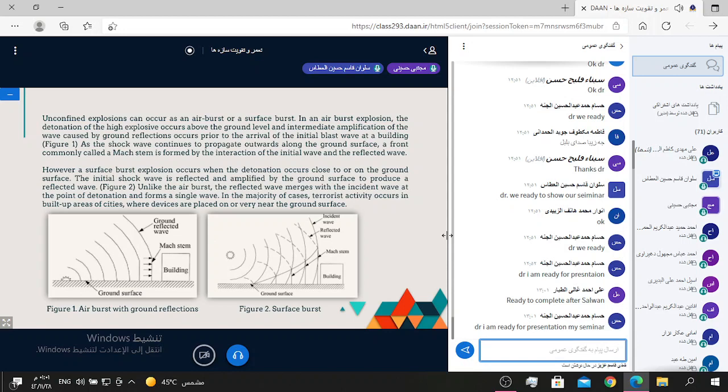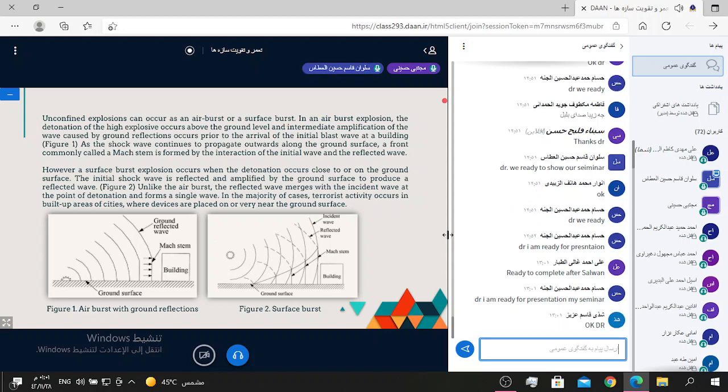I'll show figure number 1. As the shock wave continues to propagate outwards along the ground surface, a front commonly called a Mach stem is formed by the interaction of the initial wave and the reflected wave.